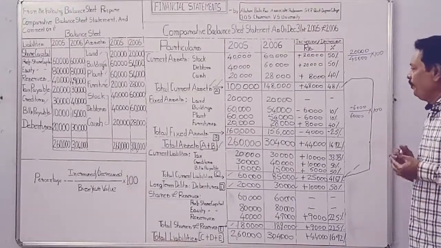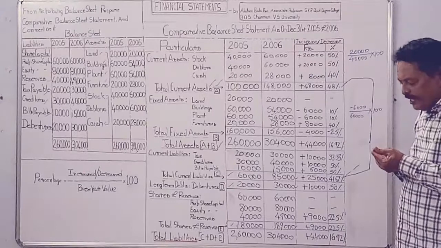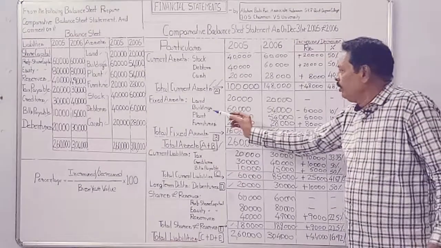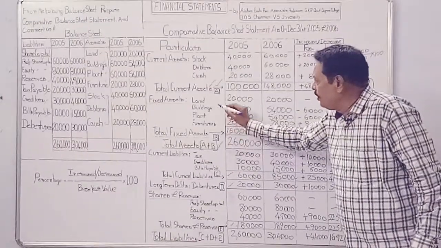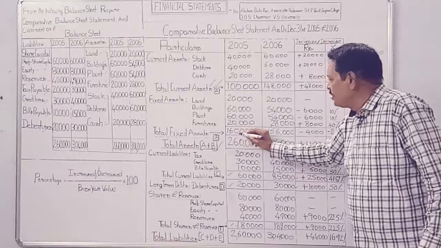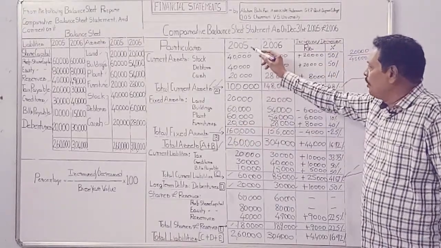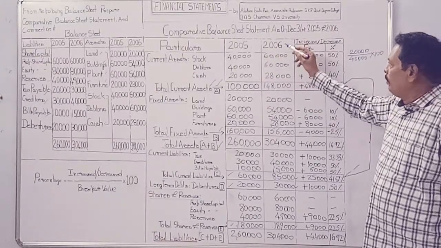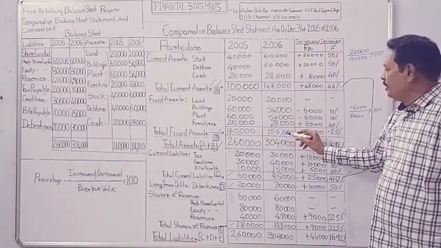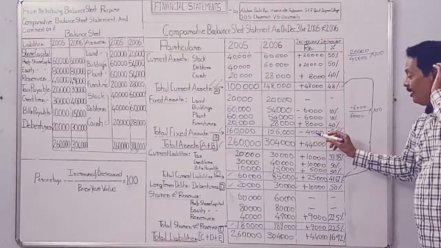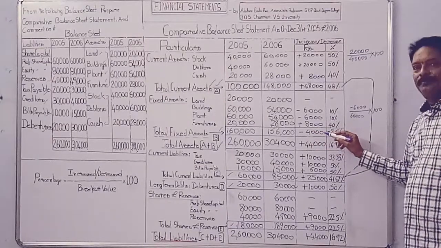At the same time, when you take total fixed assets, they are 1,60,000 for 2005. For 2006, 1,56,000. Here total fixed assets are reducing by 4,000. It doesn't matter.